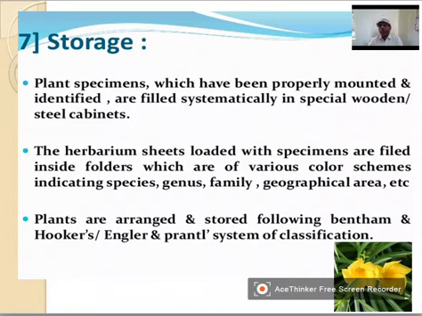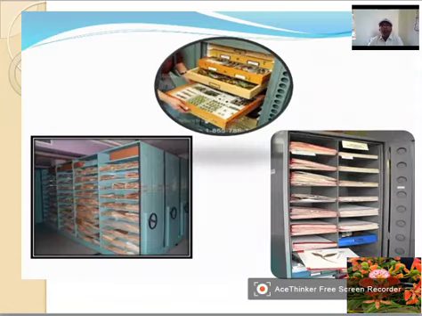The herbarium sheets loaded with specimens are filed inside folders which are of various color schemes indicating species, genus, family, geographical area, etc. Plants are arranged and stored following Bentham and Hooker's or Engler and Prantl's system of classification. So, look at this slide and how herbaria are stored in the racks, cupboards.